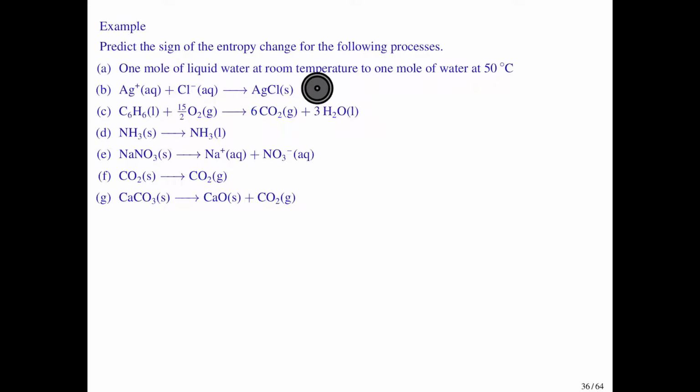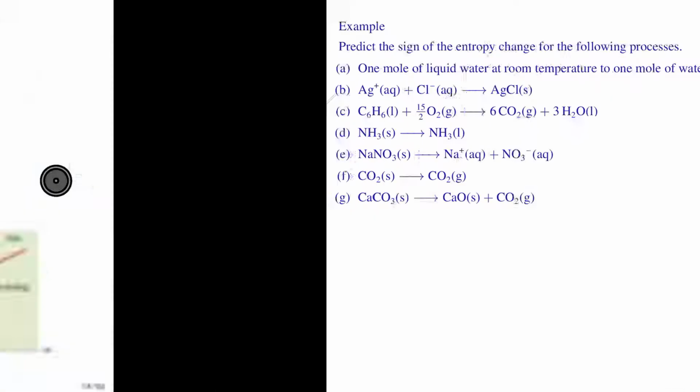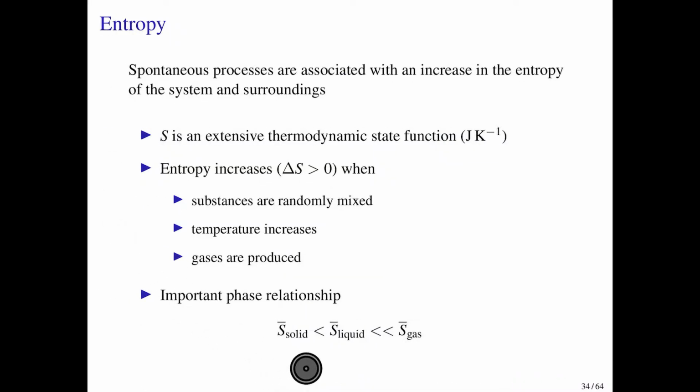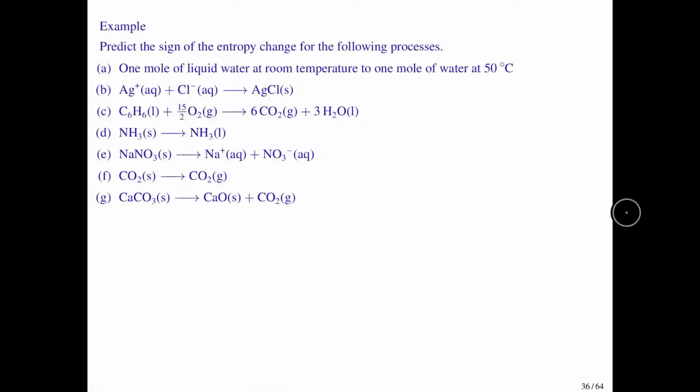For part B, we have ions coming together to form a precipitate. Okay, so you have ions in aqueous solution, and then you have the solid on the right-hand side. And so if we go back to this relationship here, that solids have a lower entropy than liquids, which have a lower entropy than gases, we can use that to address part B. In the aqueous phase, the ions can move around, but in the solid phase, the ions are held more or less in place in the crystal.